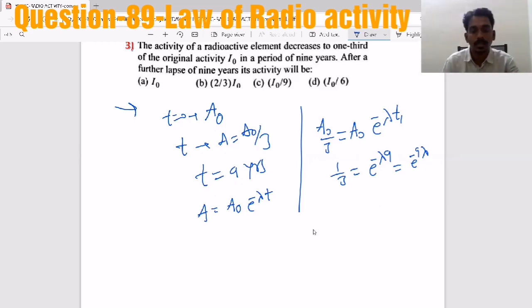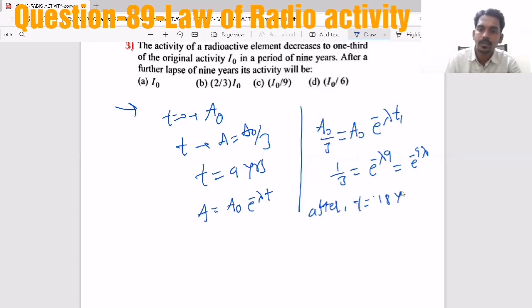Now after a further lapse of 9 more years, that means after time 18 years we have to take. Then A will become A naught into e power minus lambda t, where t is now 18. Now A equal to A naught into e power minus 18 lambda.